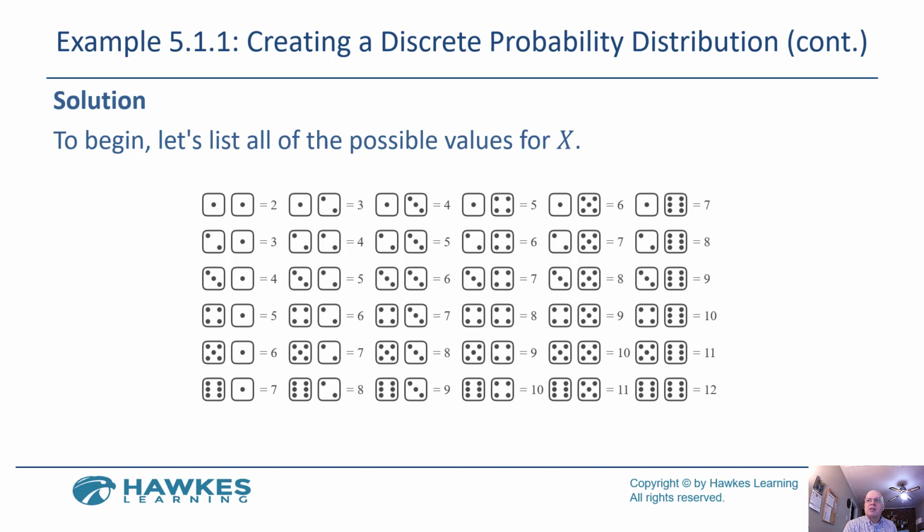This capital X represents all this that we're doing. It represents, take 2 die and add up the 2 values. The small x means what happened this time when I rolled the die, a 7 in this case.